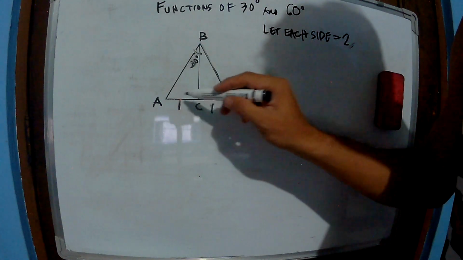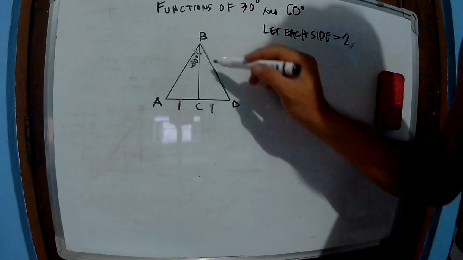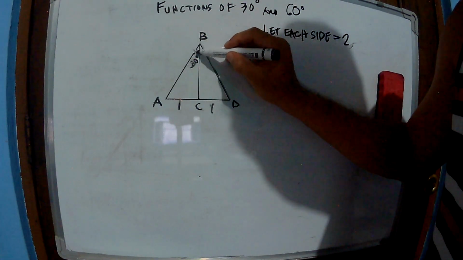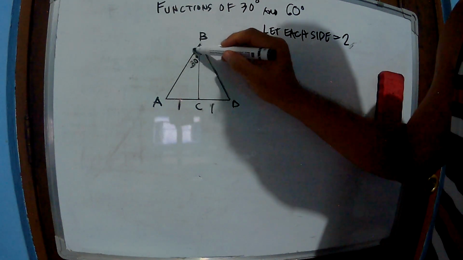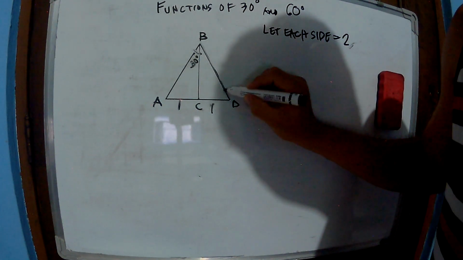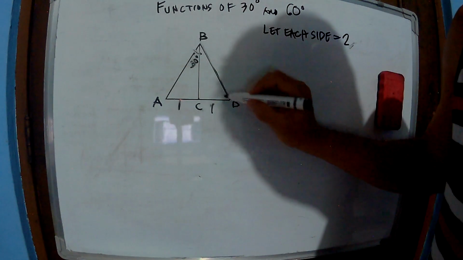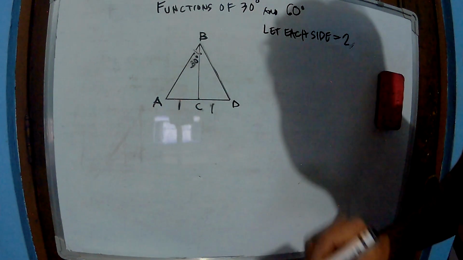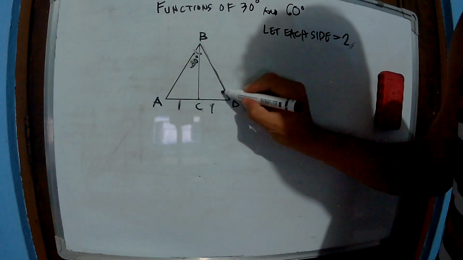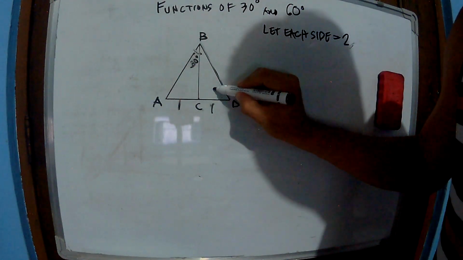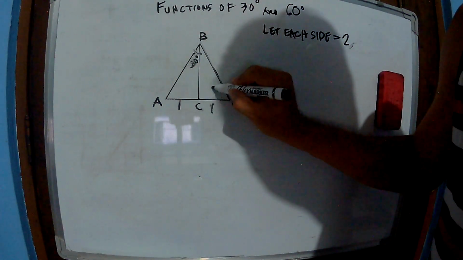This line BC is perpendicular to line BD, and this angle is 30 degrees because this is half of 60. Therefore, this angle is 60 degrees.